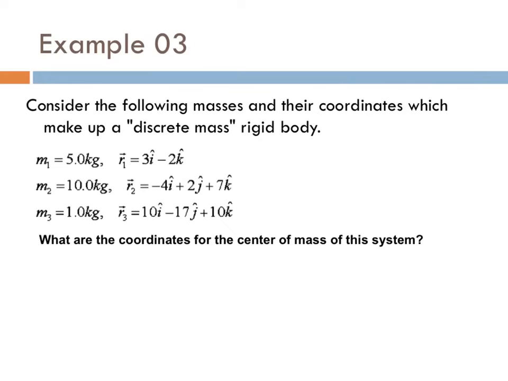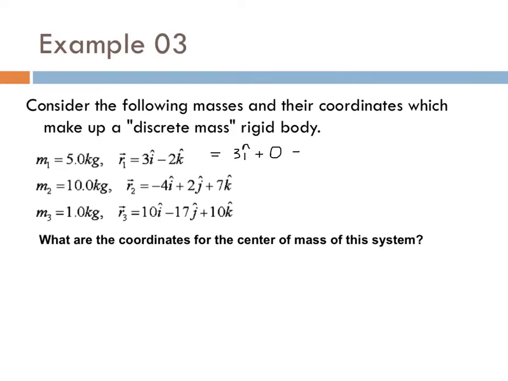In this example, you have 3 different masses with their vector positions written in unit vector notation. So again, i, j, and k don't mean anything. They just tell you that the numbers in front of them go in those particular directions. Now you can see from this first number that it doesn't even have a j. That means that its vector notation tells us that there is no coordinate in the y direction here.